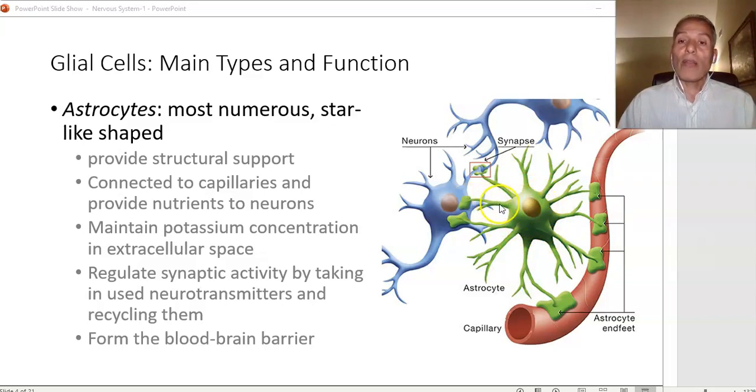And then on the other side, it passes them on to neurons. Without this, the neurons have no way of having energy or food. So any malfunction in the astrocytes is going to mean that the neurons will be dead.